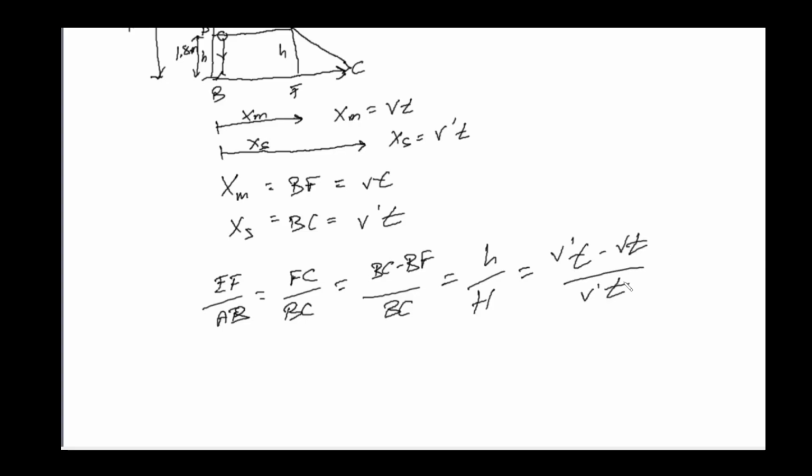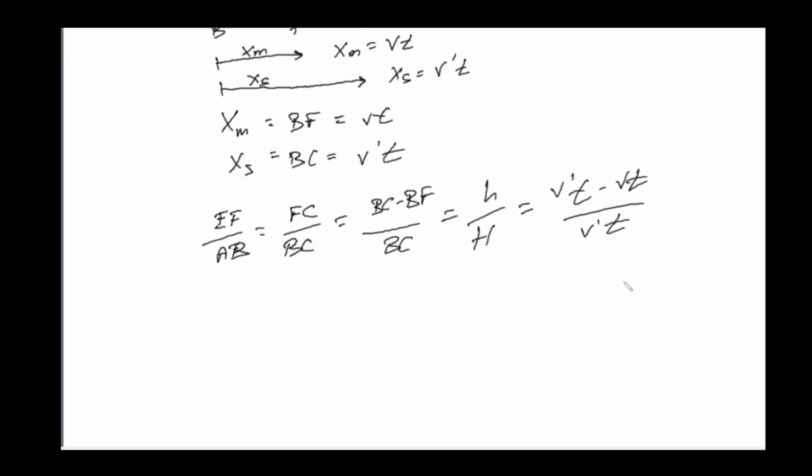So now what we want to do is solve for v prime, the speed that the tip of the shadow is moving.